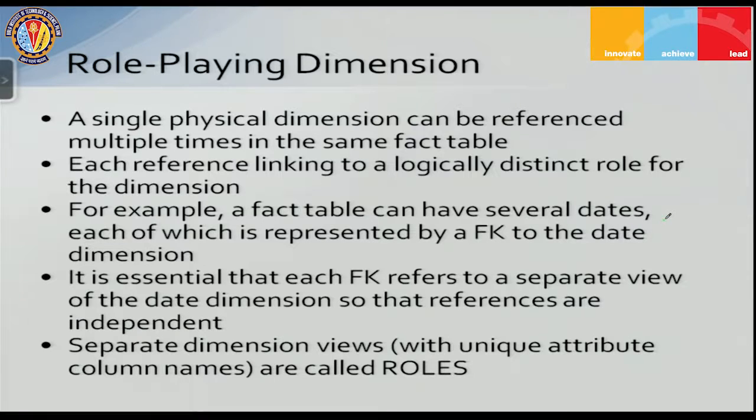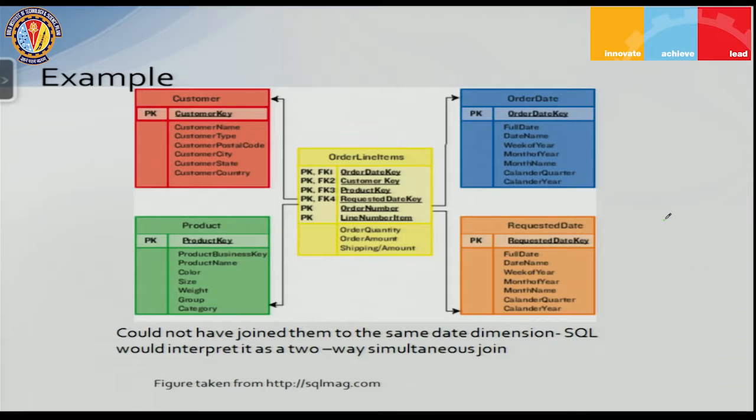So let us now see what the examples are. Here is an example. You can see order line items is the fact table, and you have an order date and a requested date.